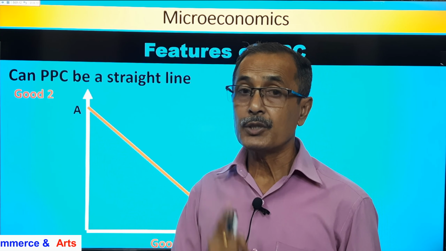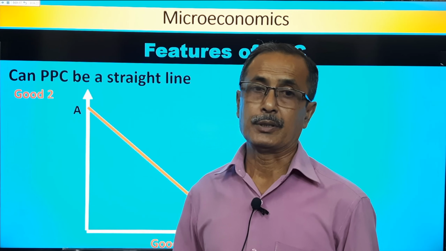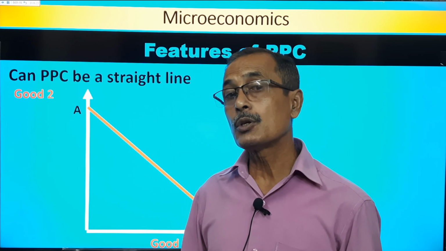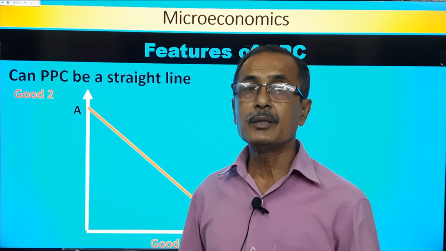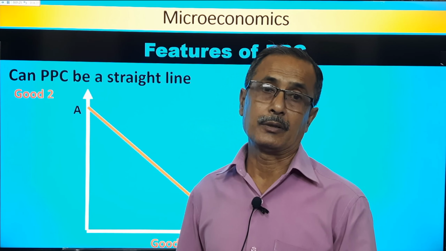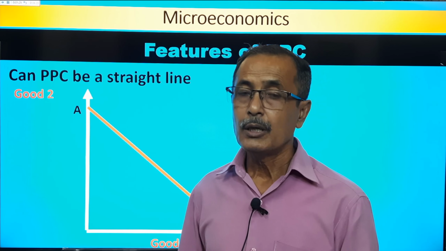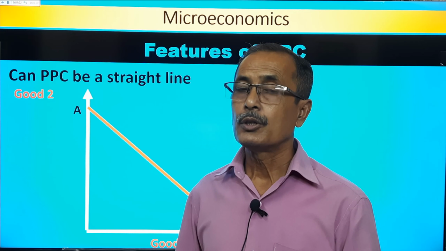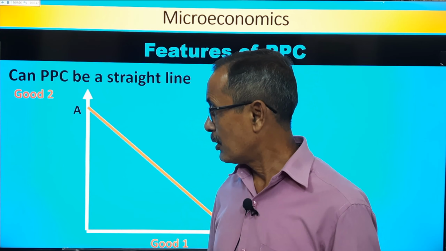PPC will be a straight line subject to constant returns. But in the case of PPC, we cannot take this assumption of constant returns, constant transformation. That's why PPC will not be a straight line. Normally it will be concave to the origin.